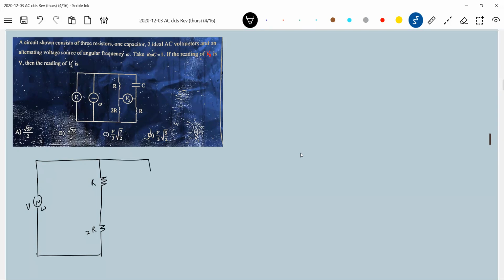Okay, after this we'll have... So here current, what will be the current? Shall we take this to be I1? This current be I2. So what is I1? I1 will be V by 3R.